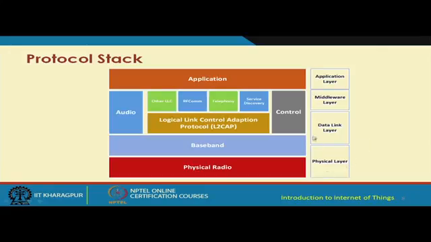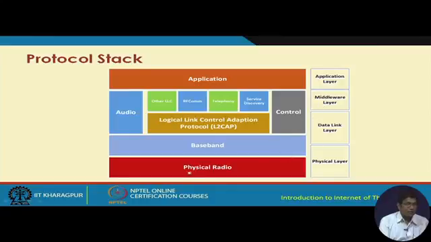So we have the physical radio layer, baseband layer, L2CAP, and this LLC, RFCOMM, telephony, service discovery, and the application layer, and this is how they map to the traditional OSI layers.